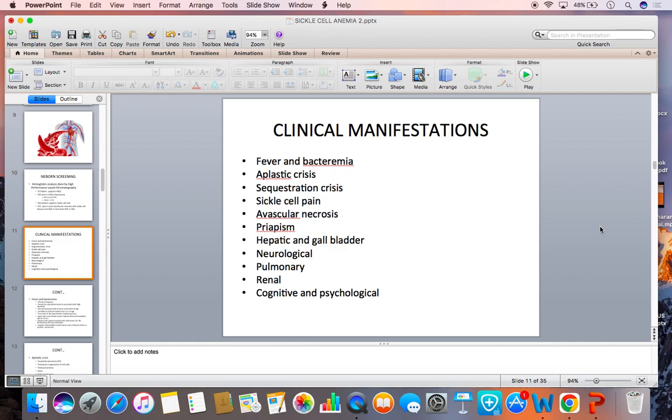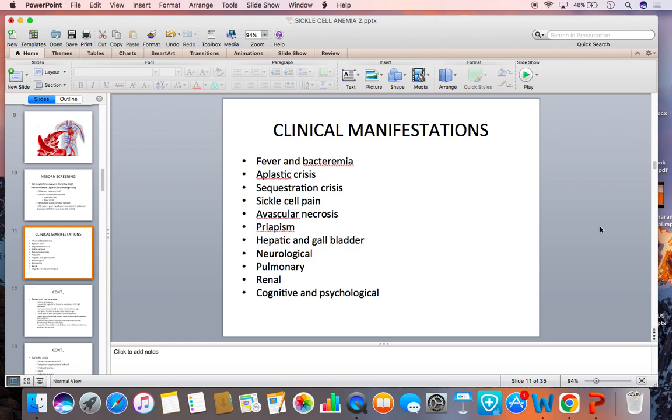Sickle cell pain is because of the tissue ischemia due to microvascular obstruction. Avascular necrosis is common with the hip joint. Priapism, painful erection of the penis, is secondary to the occlusion of the corpus cavernosum.